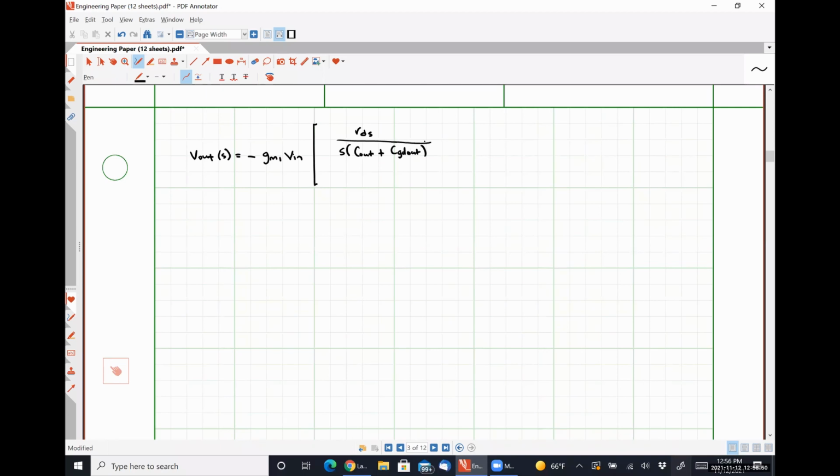So effectively what I've done here is I've lumped those two capacitors in parallel into a single equivalent capacitance. And then I'm just doing the Z1 times Z2 over Z1 plus Z2 method of getting the equivalent impedance of that parallel combination.